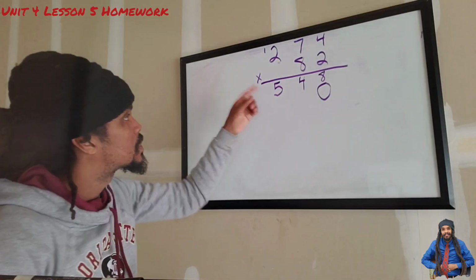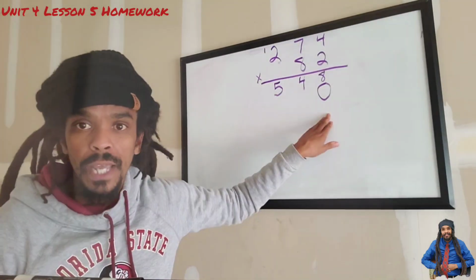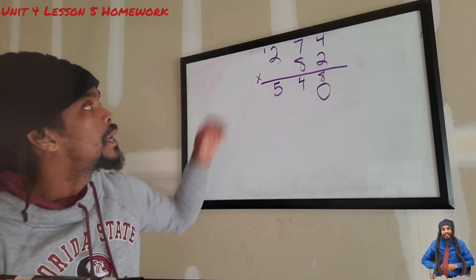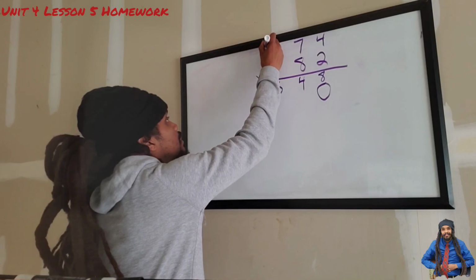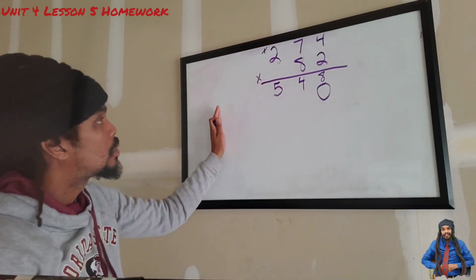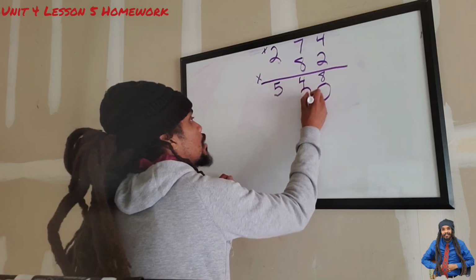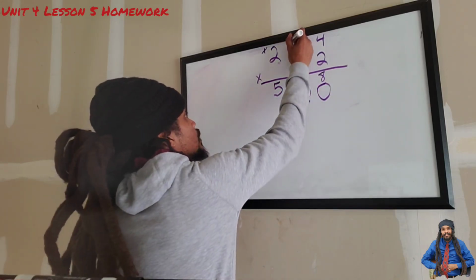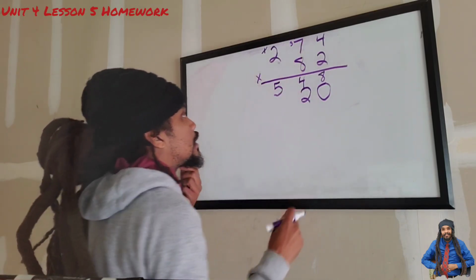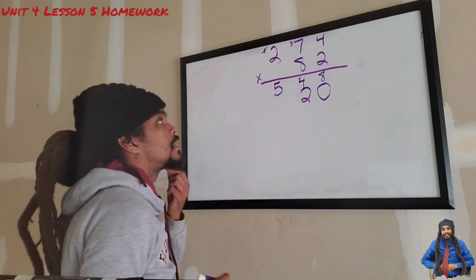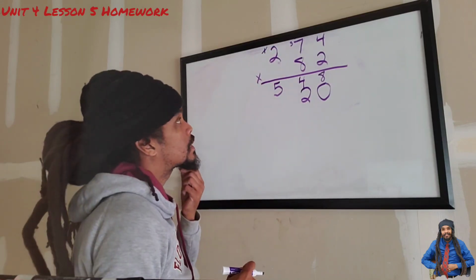All right, so the second row, we got our placement 0 down here. So we can just go ahead and multiply 8 times our first row, and it'll go over here. 8 times 4 is 32. Let's drop our 2, raise our 3, put it up here. 8 times 7, you should know, is 56.